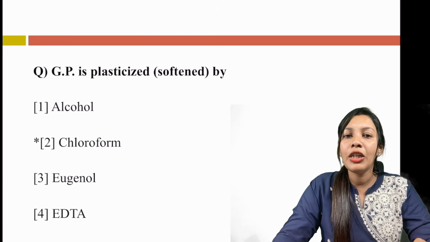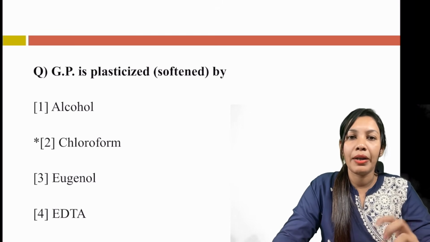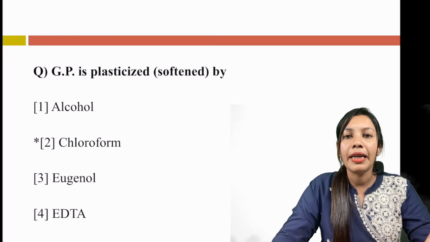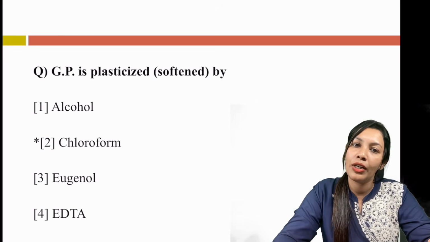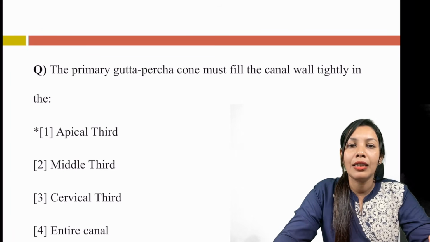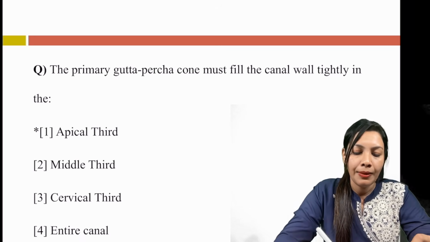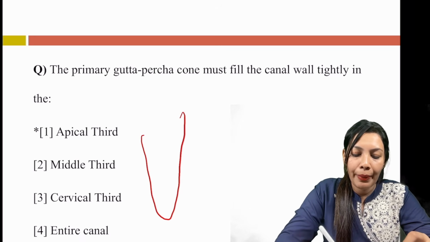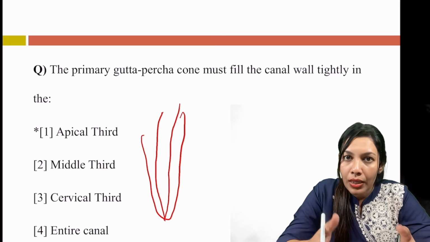Gutta percha is plasticized or softened by what? Normally it is plasticized by chloroform. So chloroform is the answer for this. The primary gutta percha cone must fill the canal wall tightly. We know that when we prepare the root canal, the taper is towards the apical area.